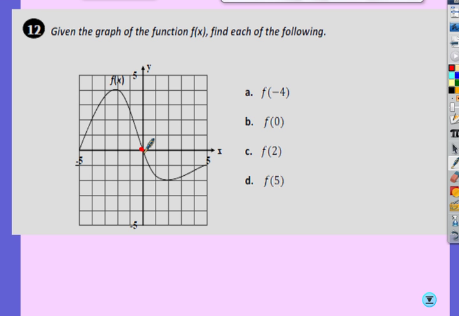Go 4 places to the left and find where the graph hits -4, which would be right here. The y value will be the value of your function. So if you count up from the x-axis, it would be +2.